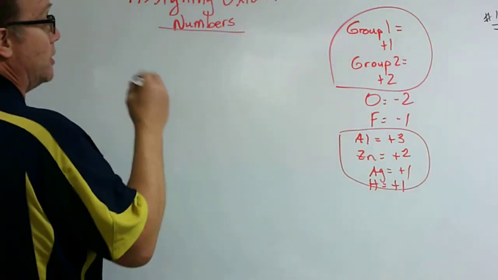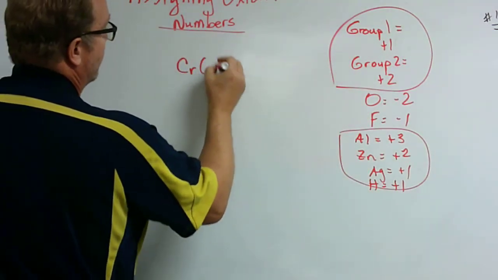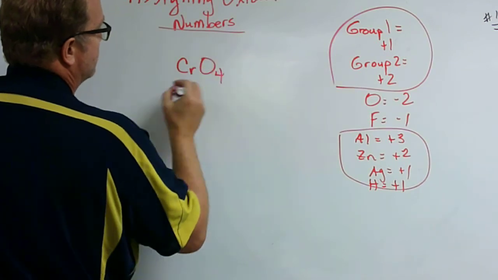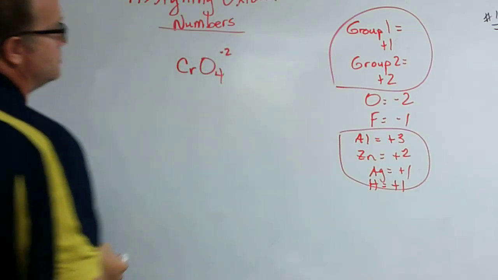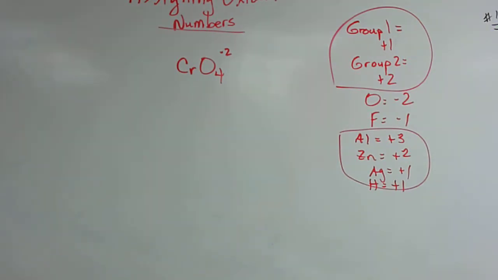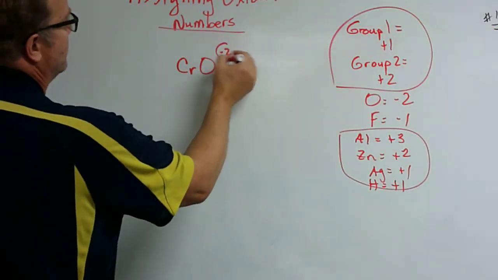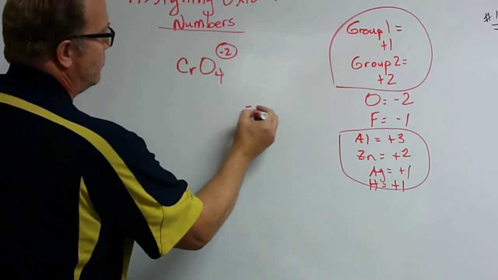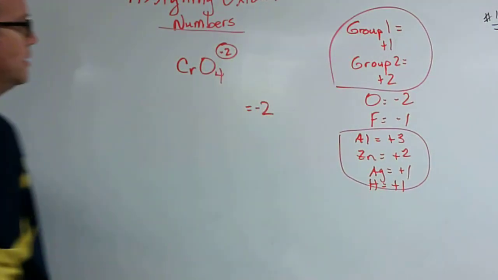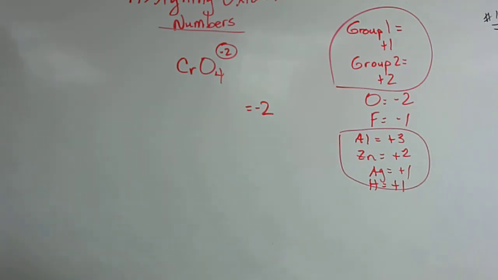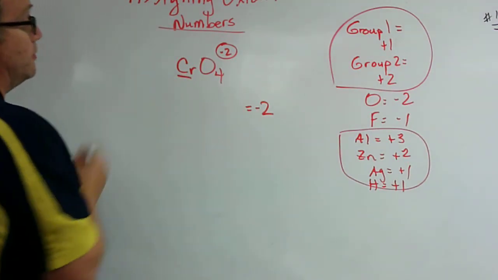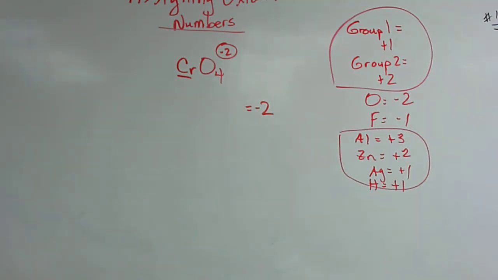Let's go ahead and try one of the ions. So let's go the chromate ion with a negative 2 charge. It doesn't really make any difference because we know that now we have to make this equal to a negative 2. And we already know, or should know, that we're going to figure out what the oxidation number is for chromium. And again, it will always tell you that.